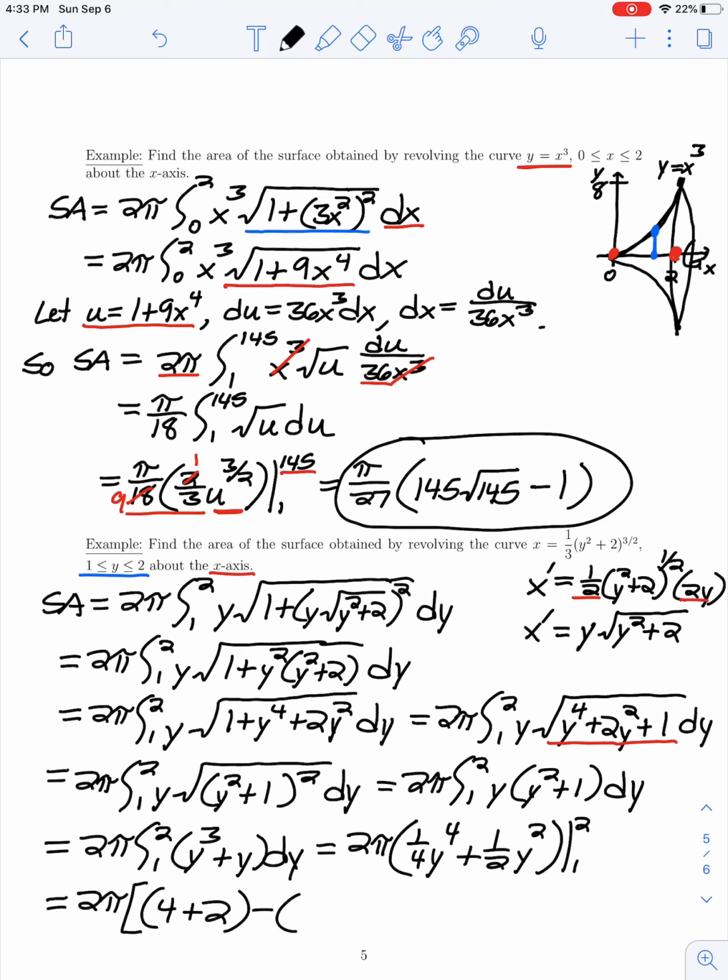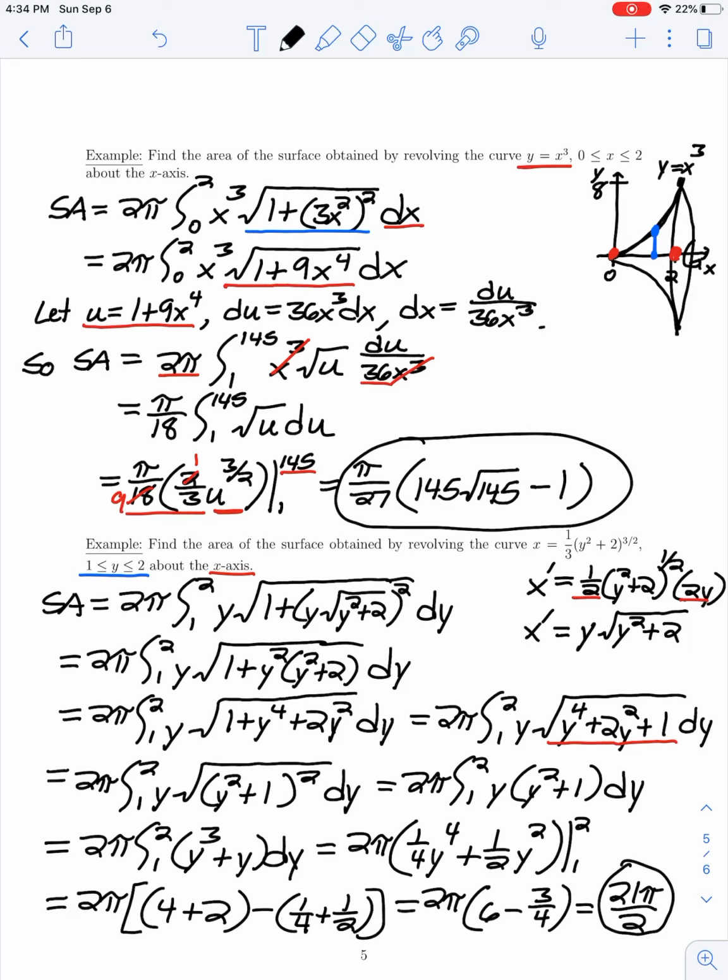And then I subtract the value that I get when I evaluate at y equals 1, which would be 1/4 plus 1/2. So simplifying, I have a 2 pi times the 4 plus 2 gives me a 6. And then I'm subtracting 1/4 plus 1/2, which would be 3/4. So altogether, this leaves me with a 21 pi over 2 after a little bit of simplification.